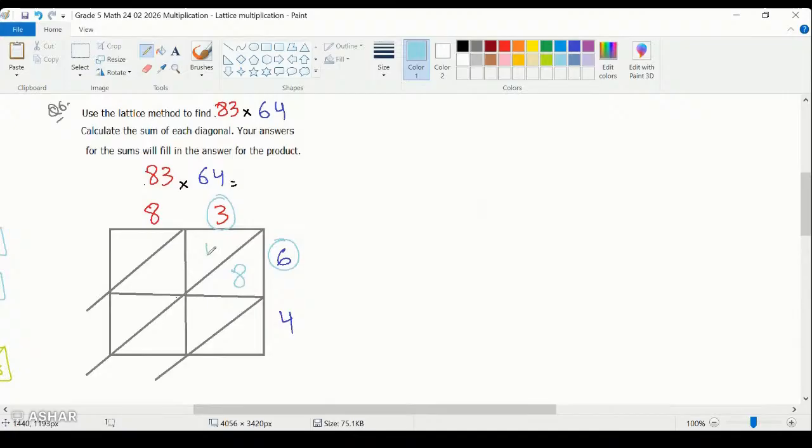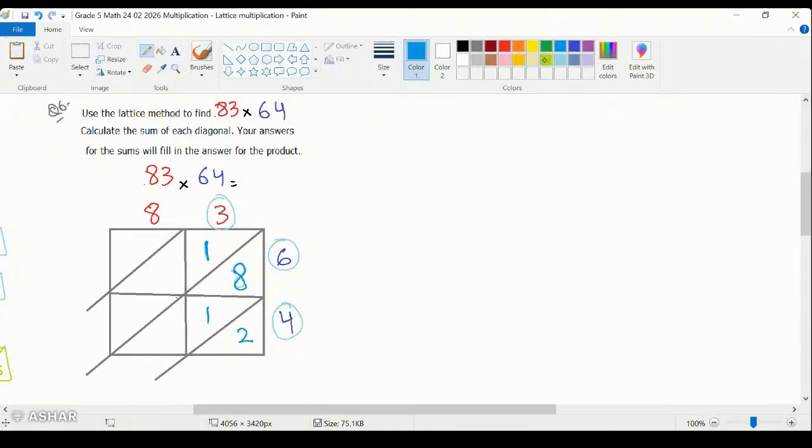We can write 1 and 8. 3 times 4, Rebecca, what is 3 times 4? 3 multiplied by 4 was 12, so write 1 tens and 2 units, right? Okay.